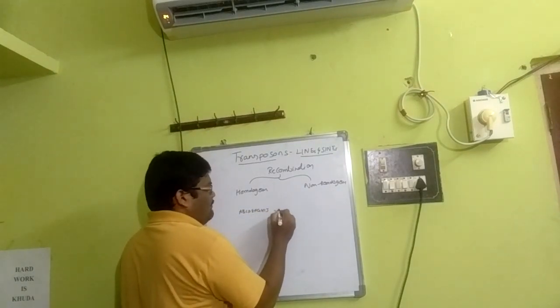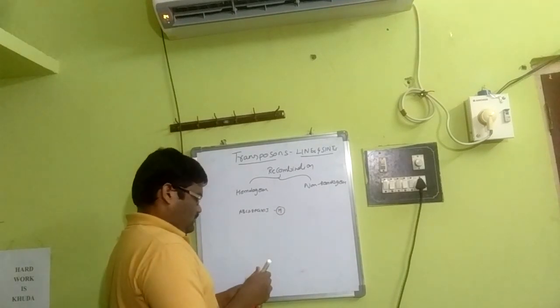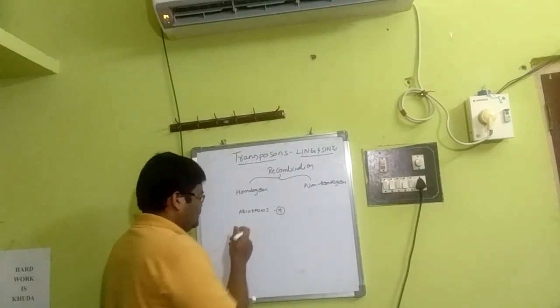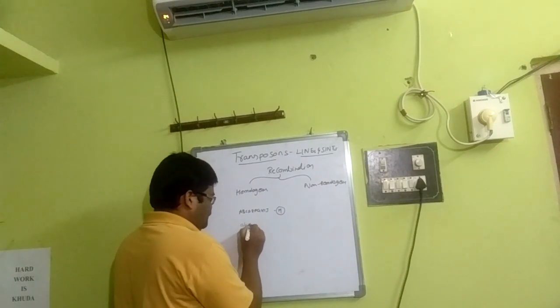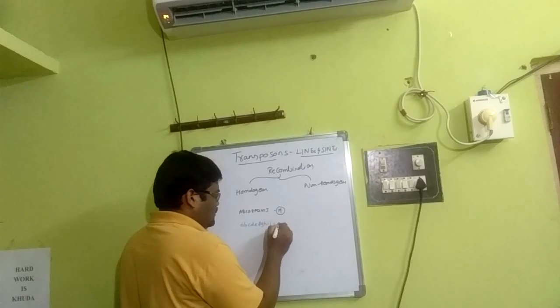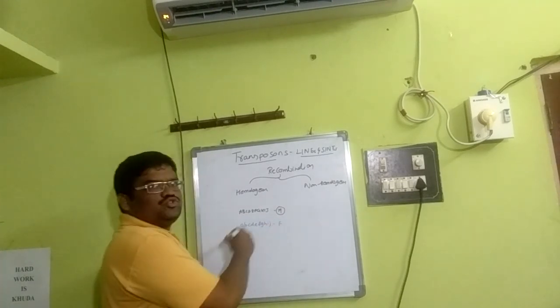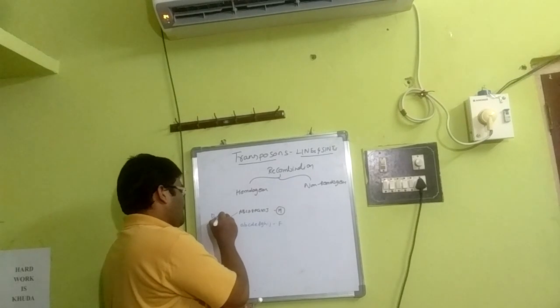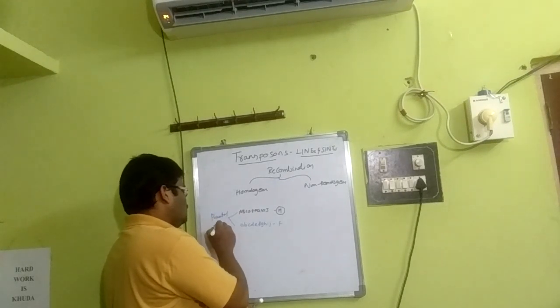Say this is from mother and this is from father. That means these two are parental chromosomal pairs.